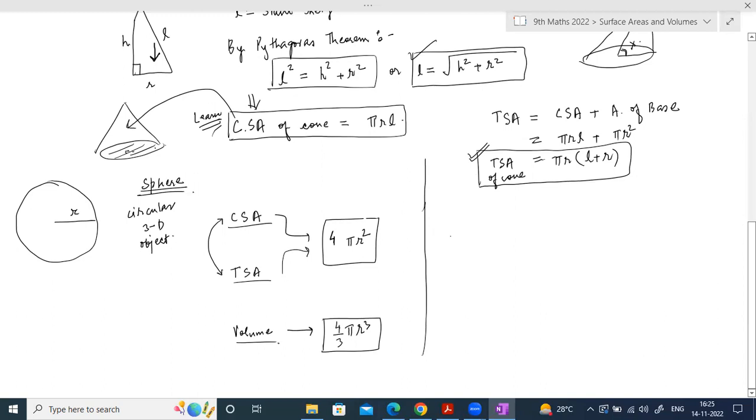If you cut the sphere from the center diameter into two equal parts, what shape do you get? Sir, hemisphere. And you must have heard this word in geography: northern hemisphere, southern hemisphere.